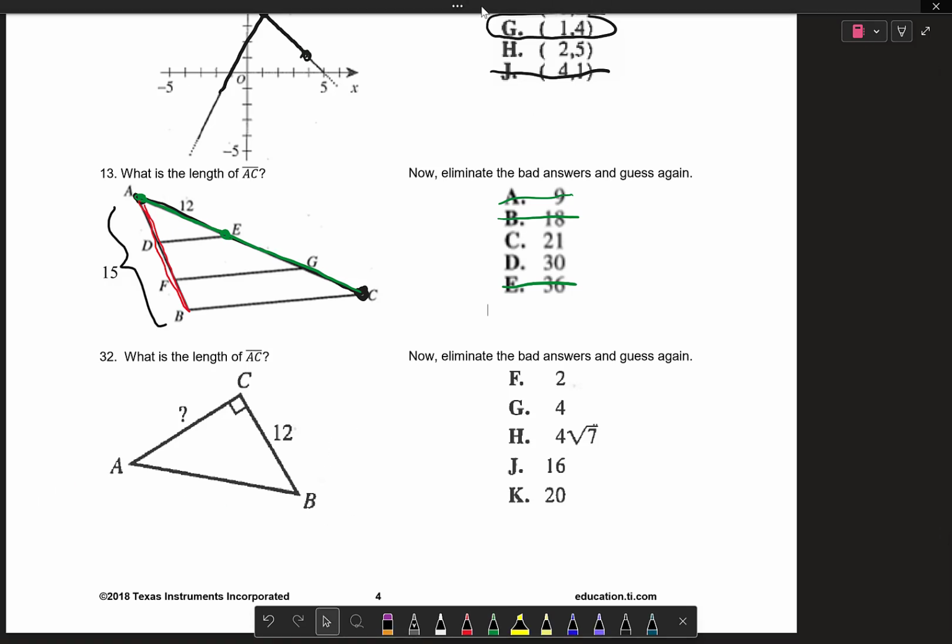And then finally 32, what is the length from A to C? So we're trying to find this side, which is not the hypotenuse. So we don't know that it's bigger than 12, but they look similar to me. They look like they're about the same length, roughly. We know it's not 2. We know it's not 4. 20 doesn't make sense either. That's way too big. 16, maybe.